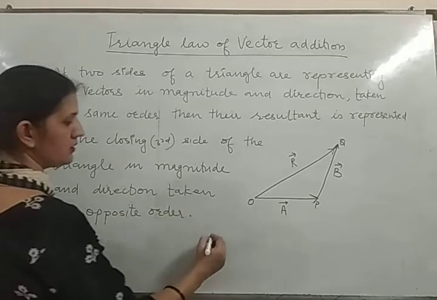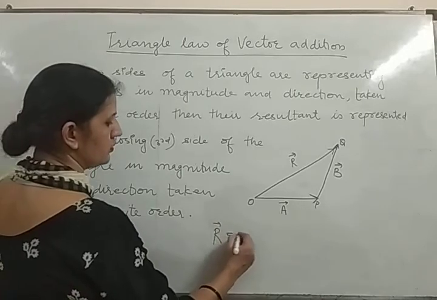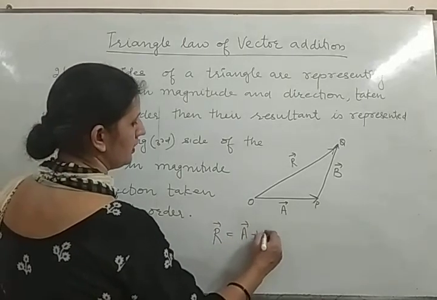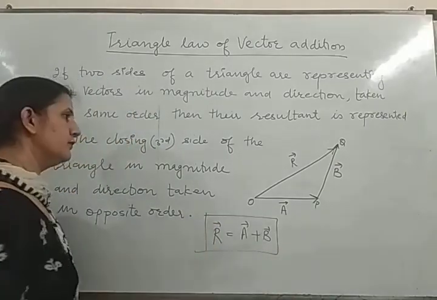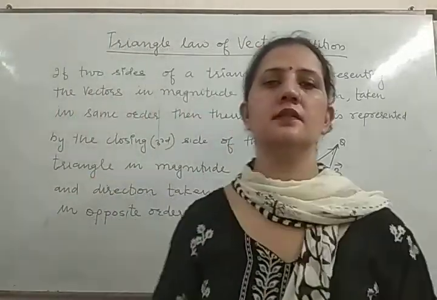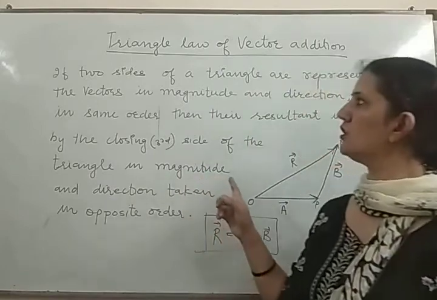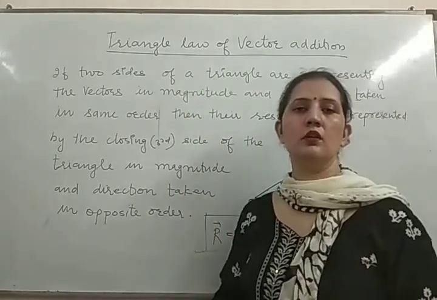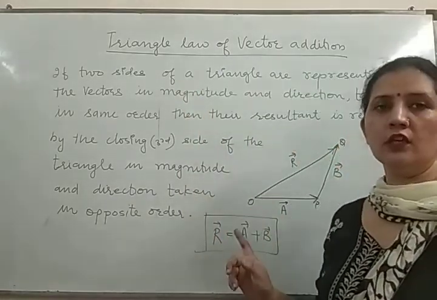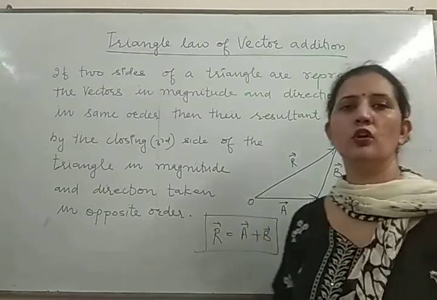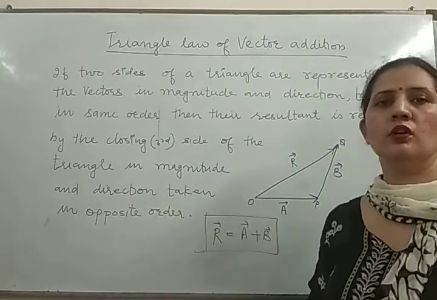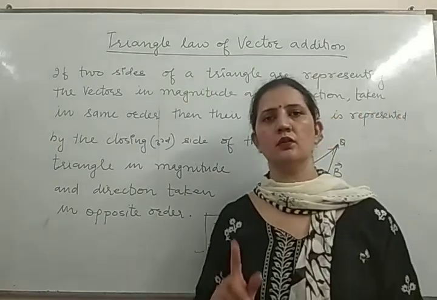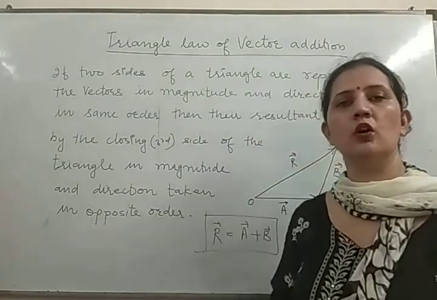And you can write R is equal to vector A plus vector B. Its proof I will discuss in the next class. The definitions of parallelogram law and polygon law you will write in your notebooks. Note it down. This is all about the composition of vectors. In the next class we will derive the triangle law of vector addition.